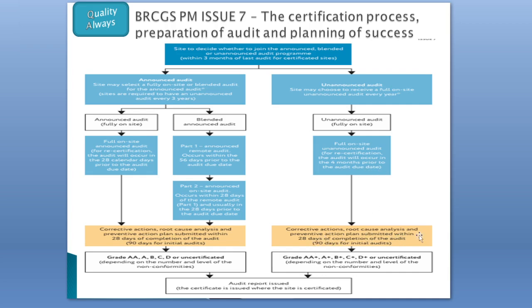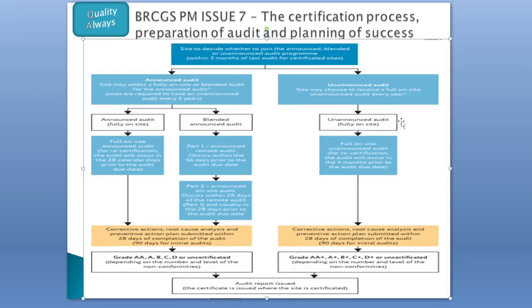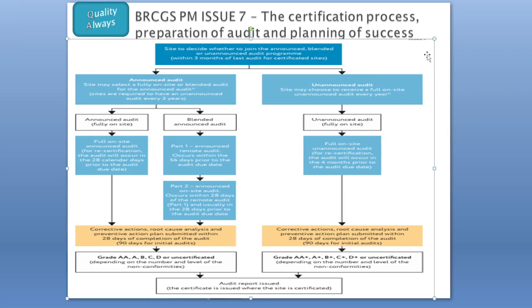The corrective and preventive action will be submitted within 28 days, and within 42 days the certificate will be issued. And if the corrective action is satisfactory, then the certification body will assign the grades.